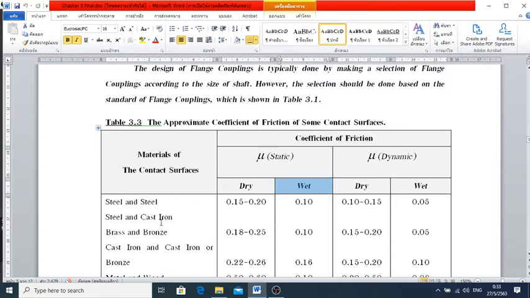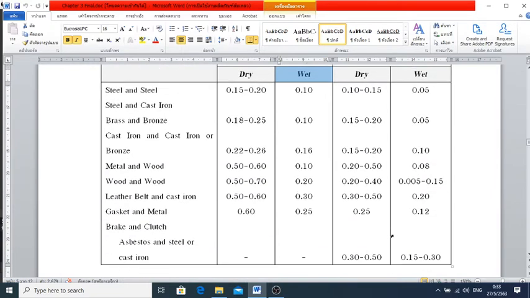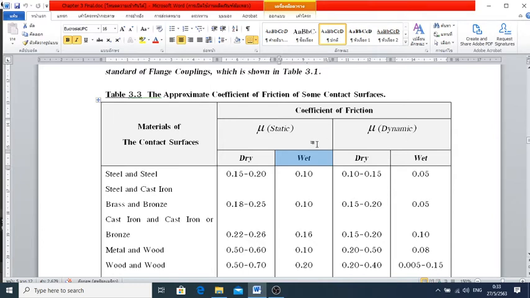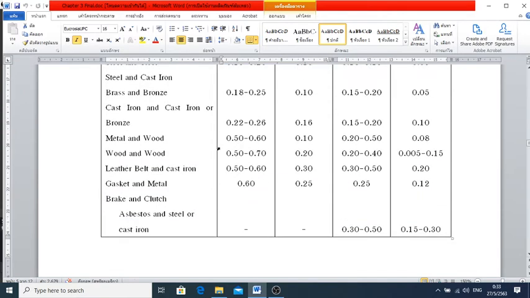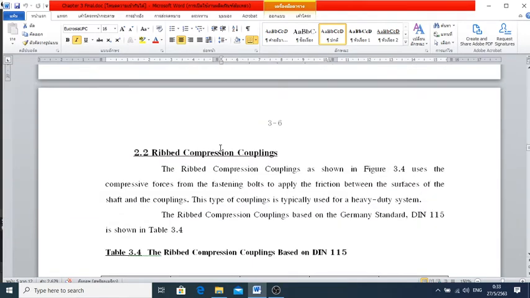And then the steel and cast iron, based on the brass and bronze, things like that, you have the same coefficient of friction in a way. So typically we design with the static friction as a basic thing for the design, because the static one is much higher. So therefore we can take more force involved for the calculation.